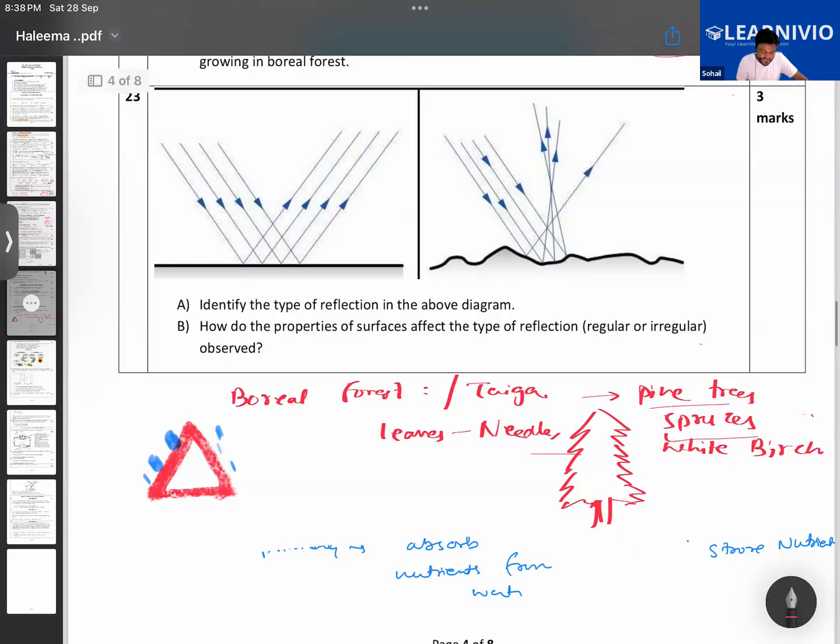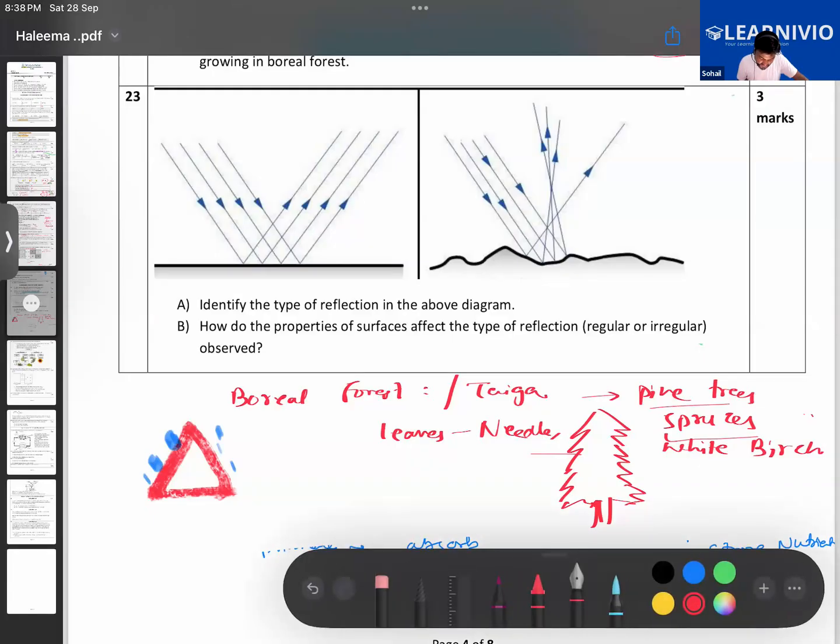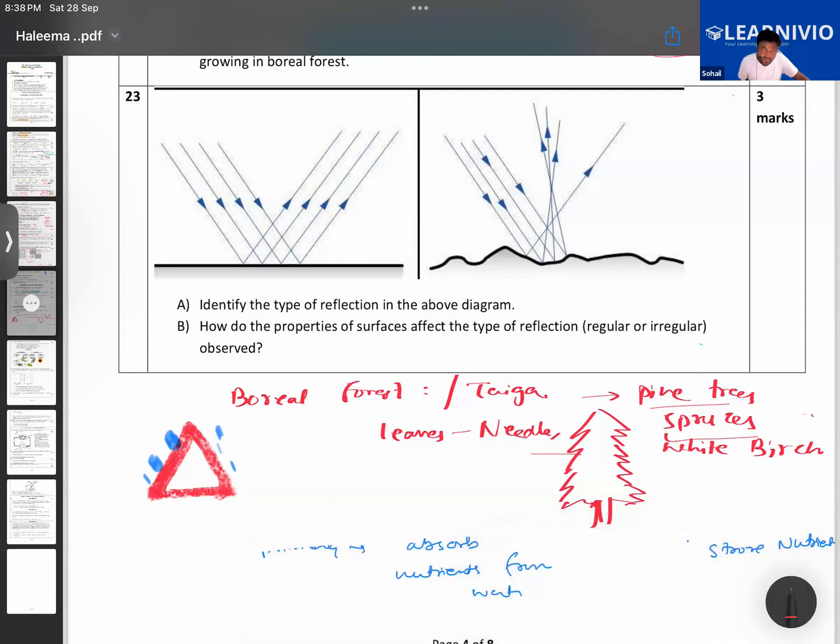We have learned the first type is regular reflection, where the angle of incidence and angle of reflection of all these rays are equal. Whenever a beam of light comes to a given surface, it gets reflected at a specific angle, following the laws of reflection.